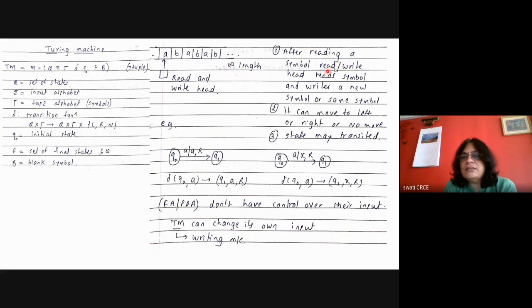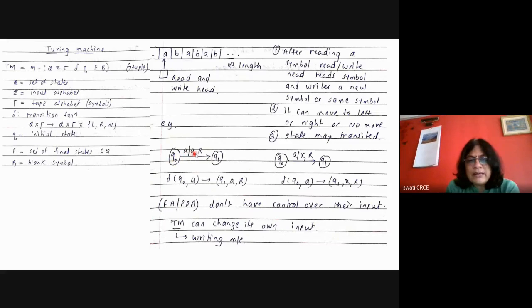After reading a symbol, the read and write head reads the symbol and writes the new symbol or the same symbol on the tape. It can move to left or right or no move. States may be transited. And in the transition diagram, how to show the transition? In the transition diagram, if the state is changed from Q0 to Q1, then you need to show the transition by showing an arrow.